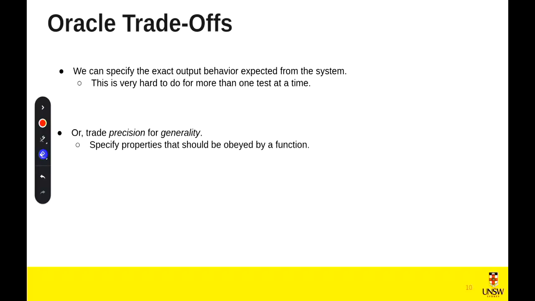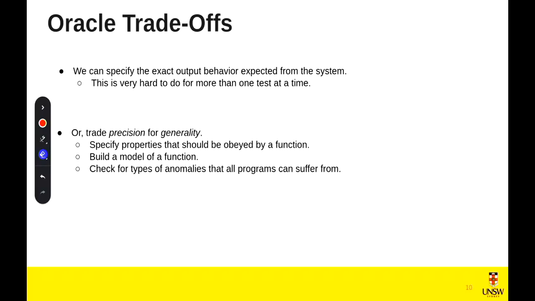We can do this by specifying the properties that should be obeyed by a function. And we can also try to build a model for a function. And we can also check for types of anomalies that our programs can suffer from. For example, in some C programs, a function should return 0 if it succeeded, so we can check the return value.